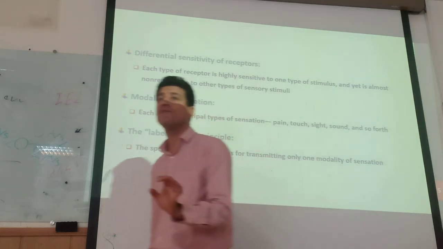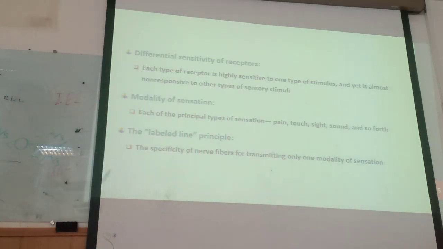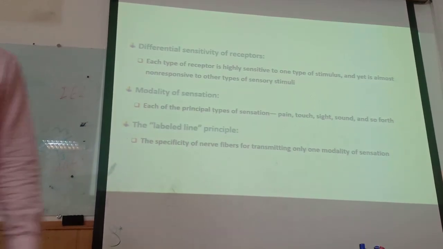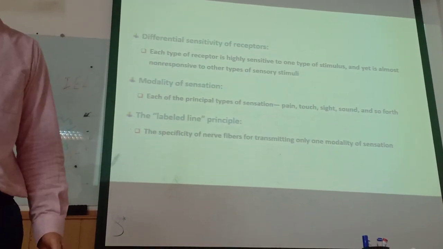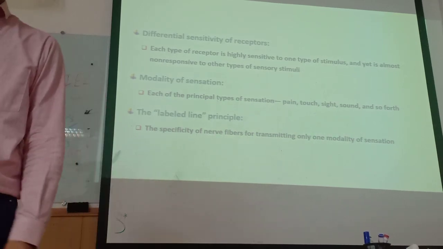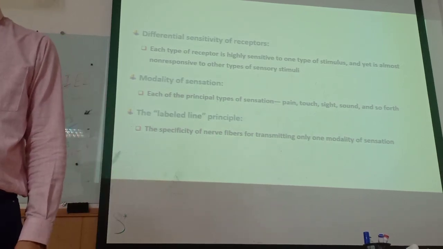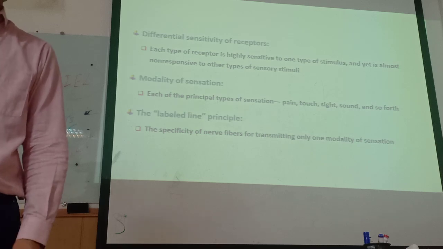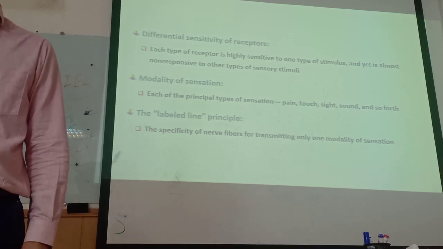For any receptors, we have some principles. The first principle is differential sensitivity. What does it say? It says any receptor is only sensitive to one type of energy. So a rod in the retina is only sensitive to light. You cannot activate the retina by pressure.